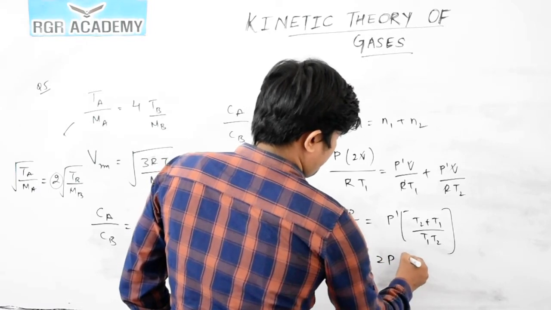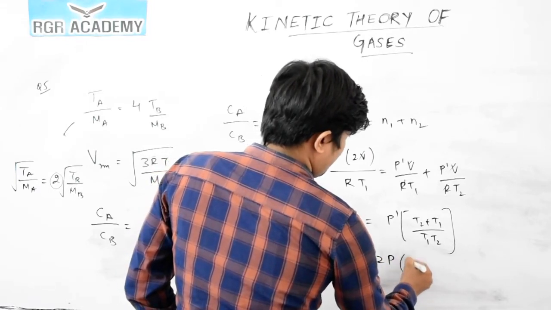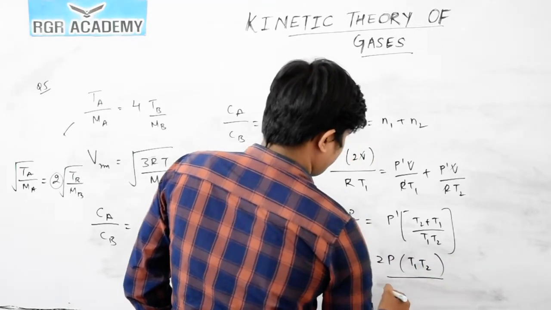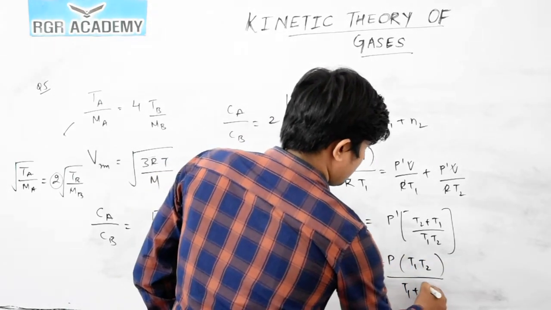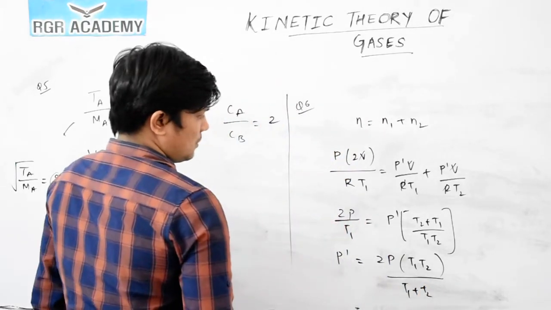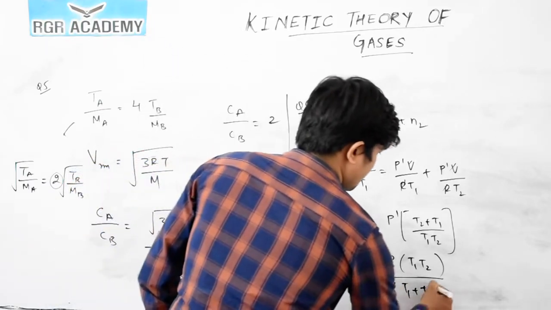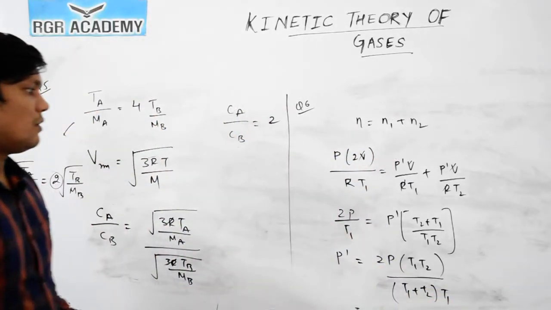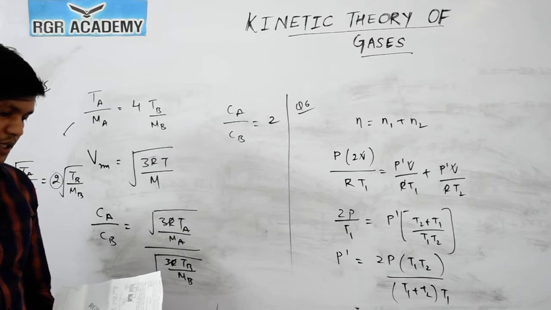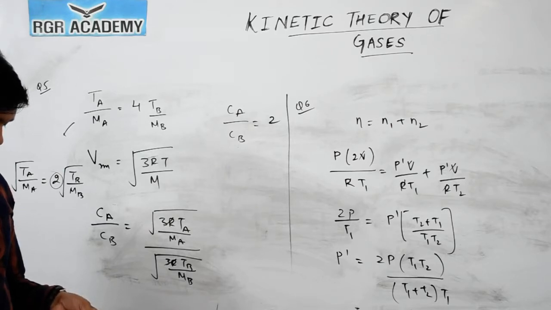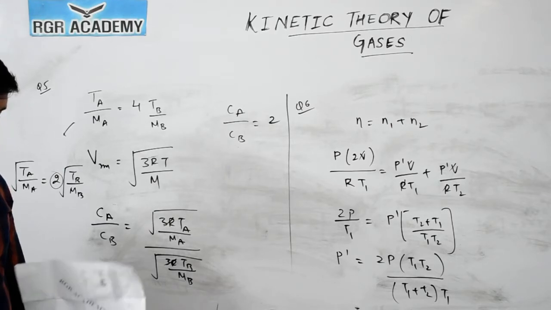2P into T1 into T2 divided by (T1 plus T2), divided by T1, this value. Now we have to replace the values. T1 we can consider as 300 and T2 is 600.